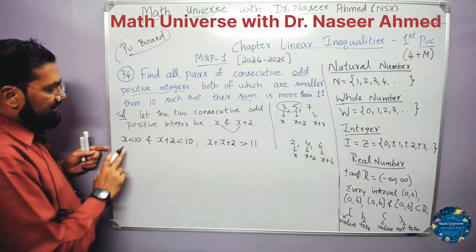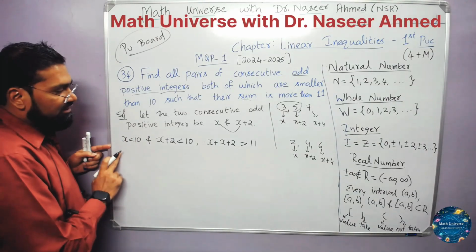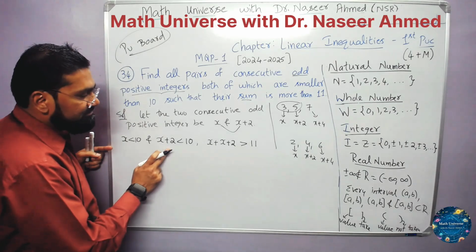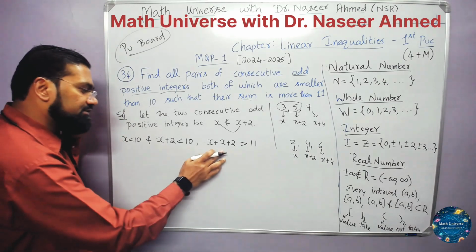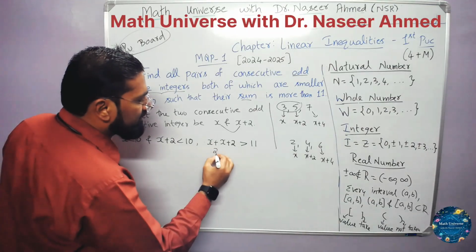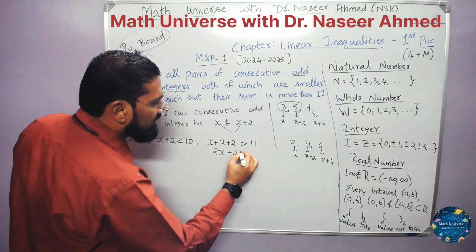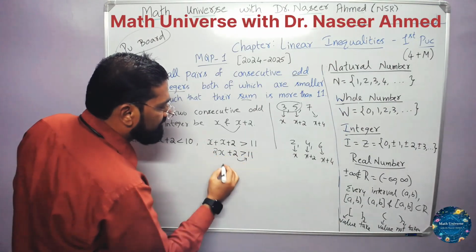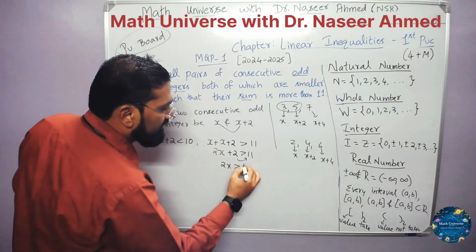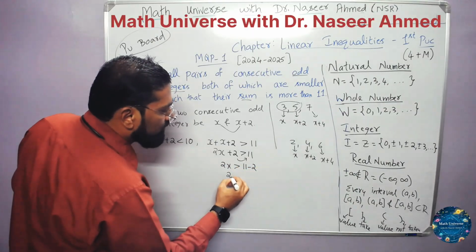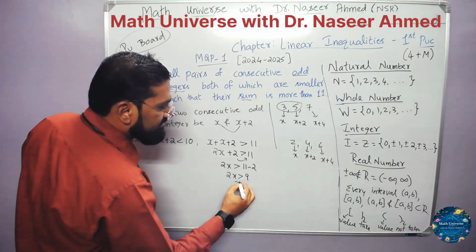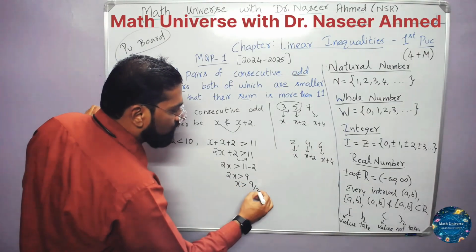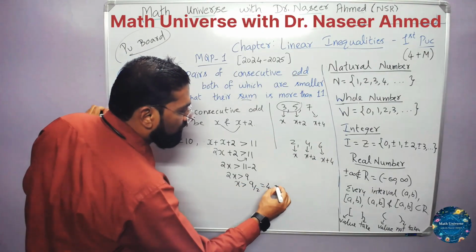Okay, there is nothing to solve for this, it's already solved. If I take the addition, it will be this. Now first solve for this. x plus x plus 2 is 2x plus 2, greater than 11. Transpose here. 2x is more than 11 minus 2, or 2x is more than 9. If I divide by 2, x is more than 9 by 2. 9 by 2 is 4.5.